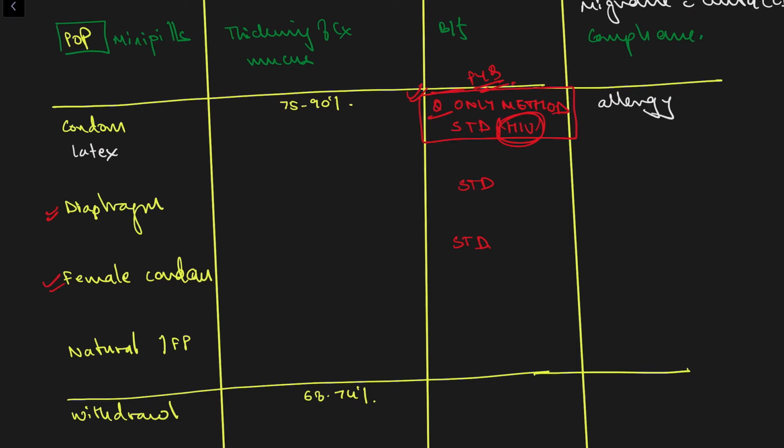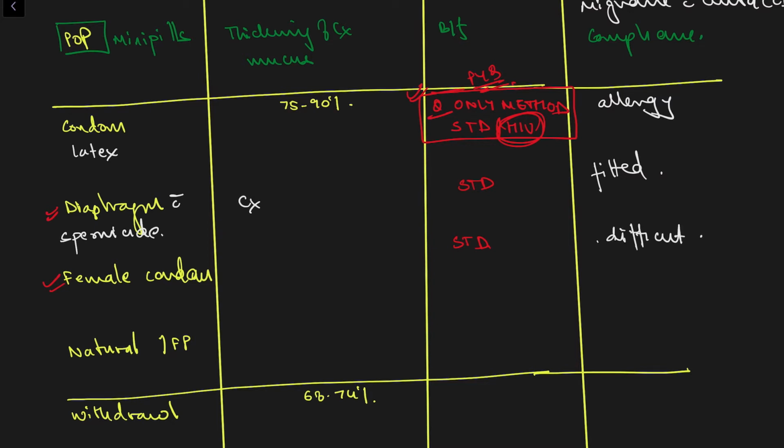Then diaphragm, it is usually with a spermicide, and it is inserted over the cervix and prevents the entry of the sperm. Then again, it must be fitted properly. That is a disadvantage. In female condom, it is a barrier sheet that is inserted into the vagina, and the disadvantage is that it is difficult to use.